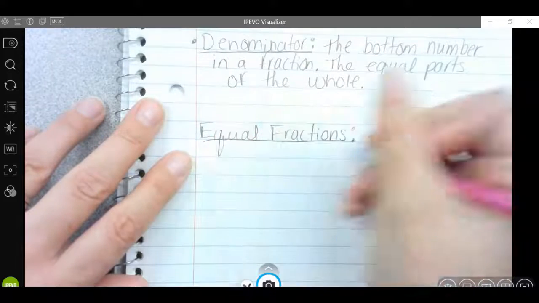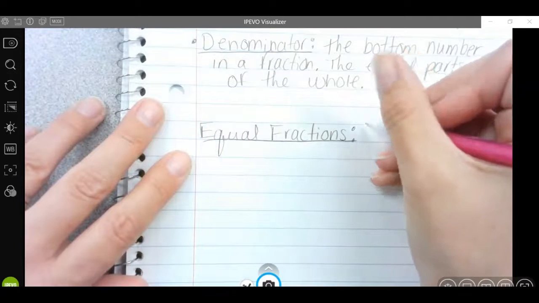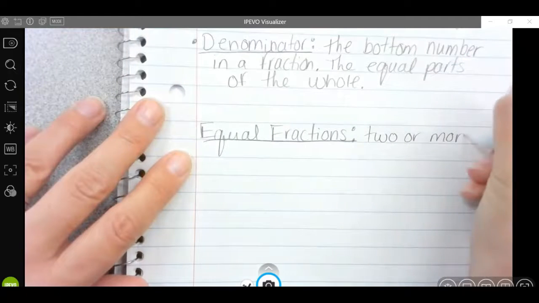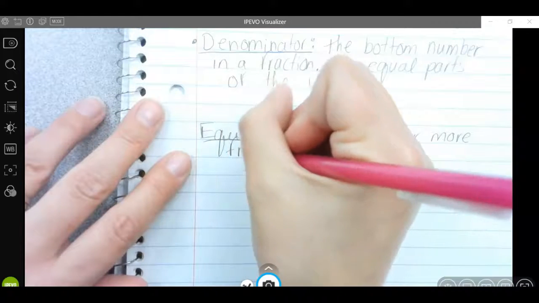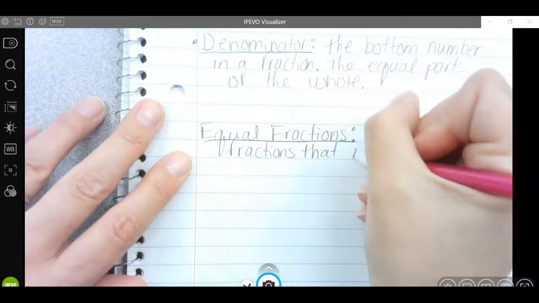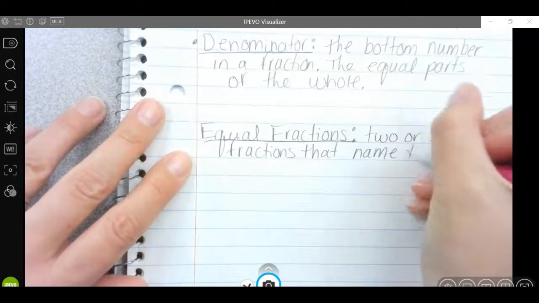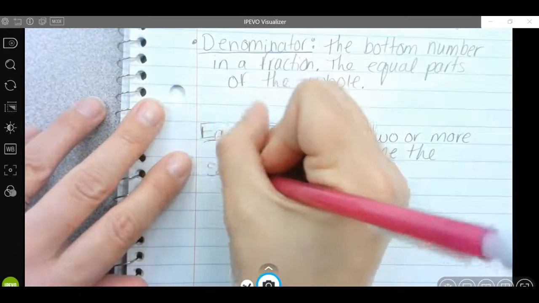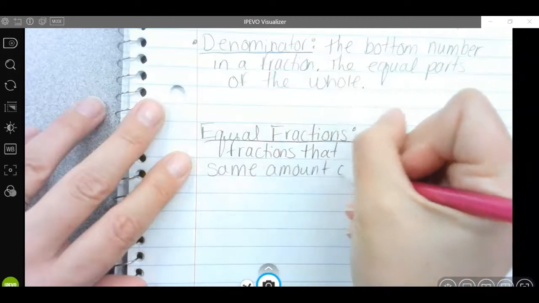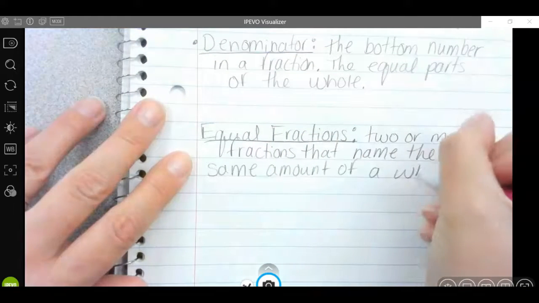I'll go back to, let's write our vocab word: 2 or more fractions that name the same amount of a whole.